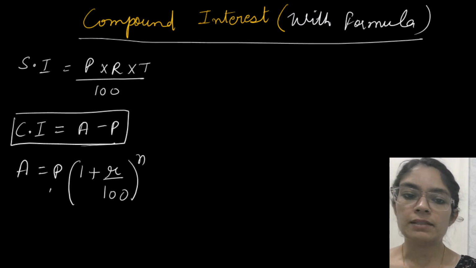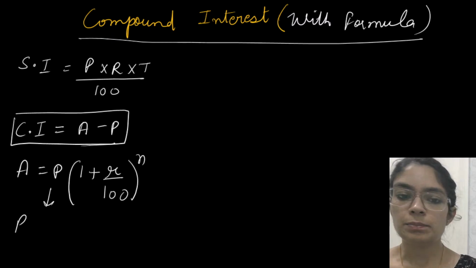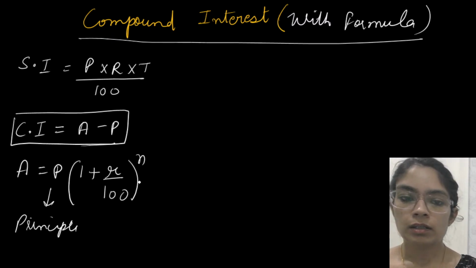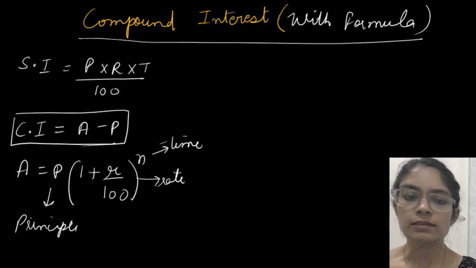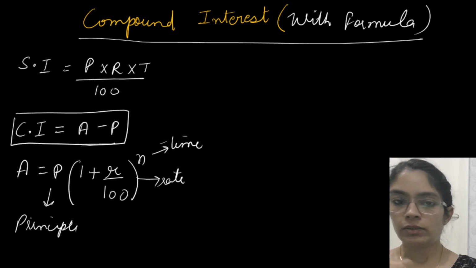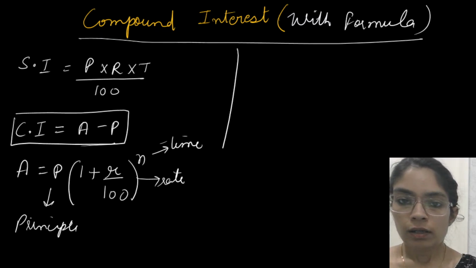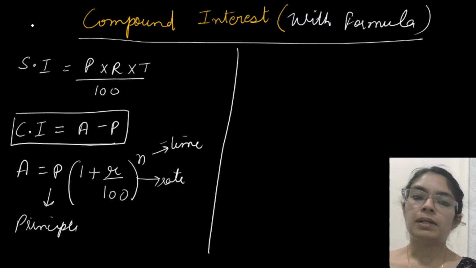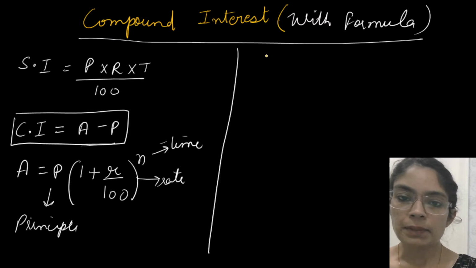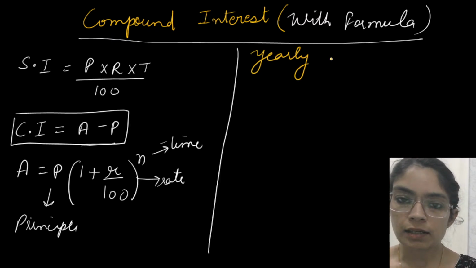Okay, so here P is principal, R is rate of interest, N is time here. One thing you have to remember: compound interest can be compounded yearly. Yearly means annually.